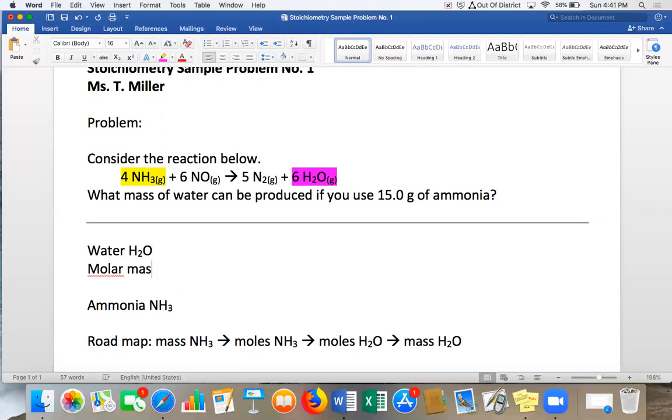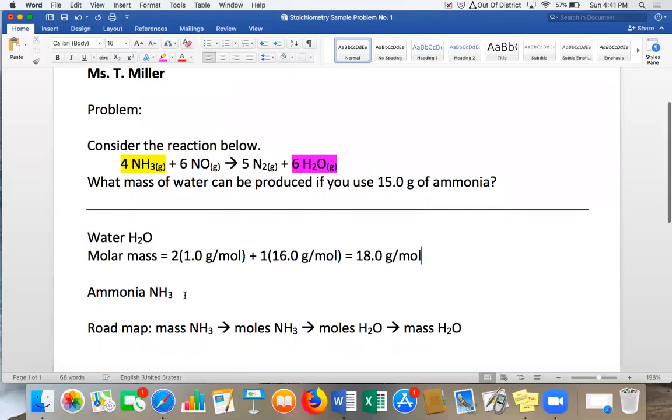The molar mass of water will be equal to 2 times the molar mass of hydrogen, which is 1.0, and 1 times the molar mass of oxygen, which is 16.0. So that will give you a total mass of 18.0 grams per mole.